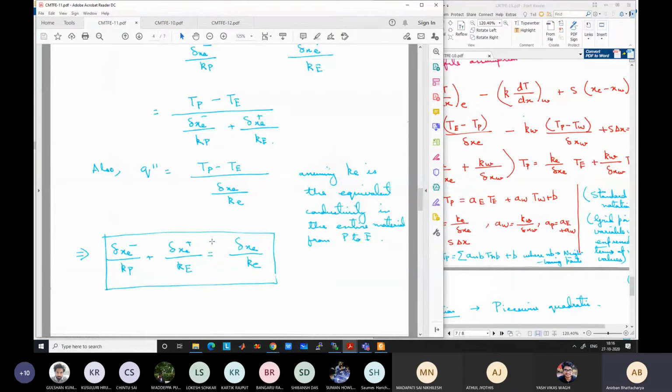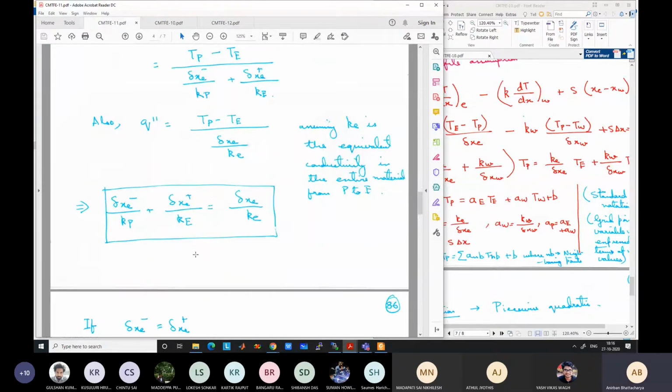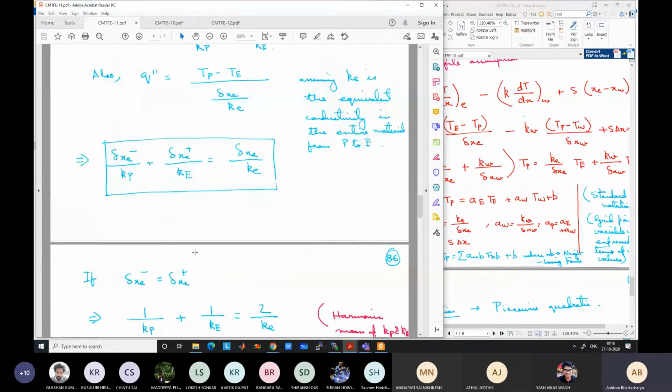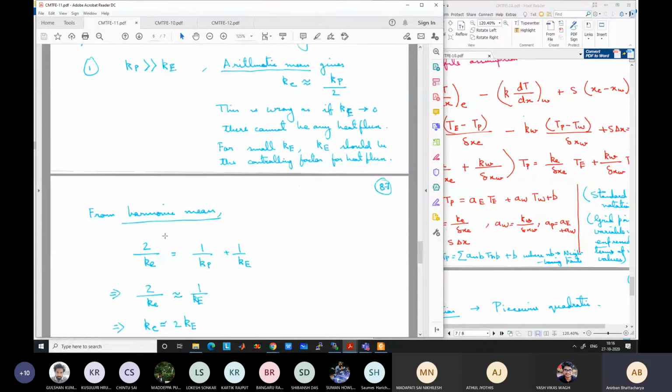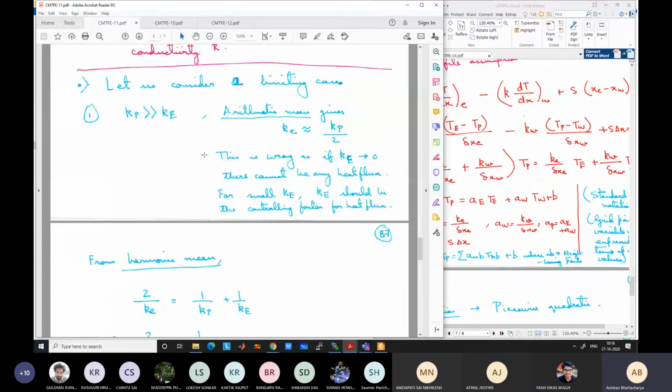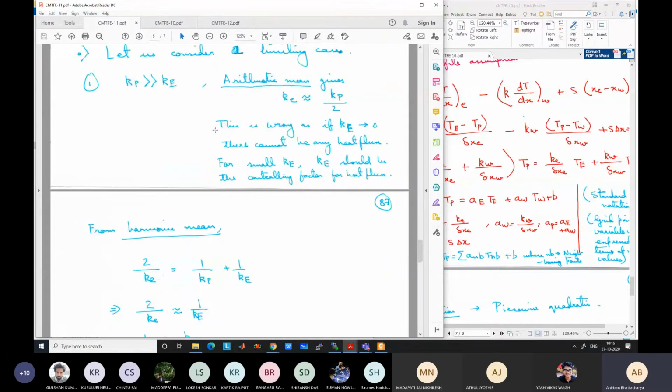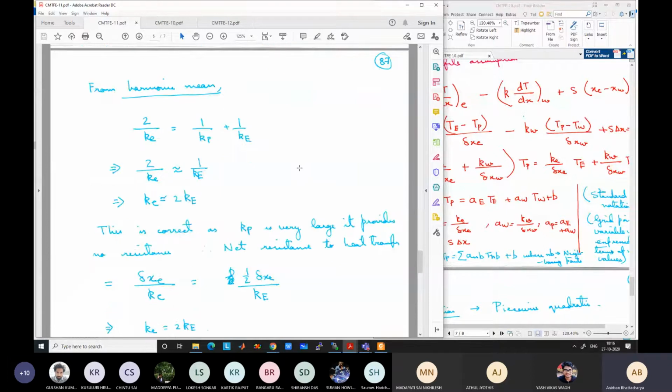And we have discussed these situations. And then some limiting cases also we have discussed, which show that the harmonic mean is good, the arithmetic mean is not good. But we can get away with the arithmetic mean in most cases, because in most cases you don't have a drastic change of conductivity from one grid point to the next, unless there is some material change like a composite material, or some solid body is present in a fluid with a very different thermal conductivity, like a fin in a fluid flow.